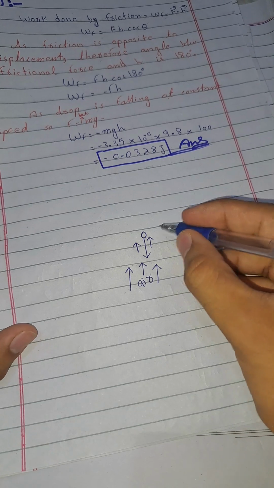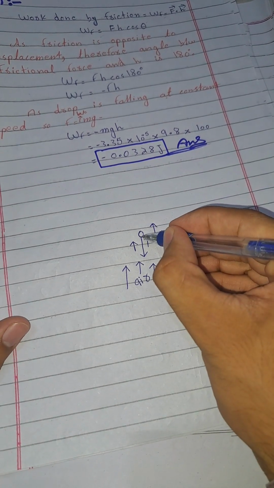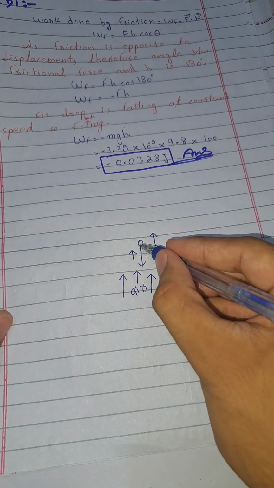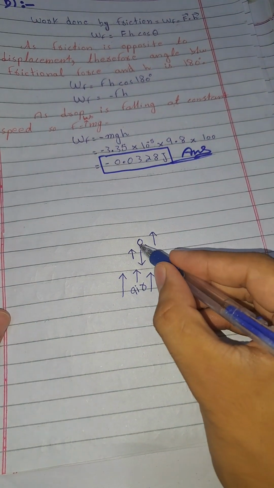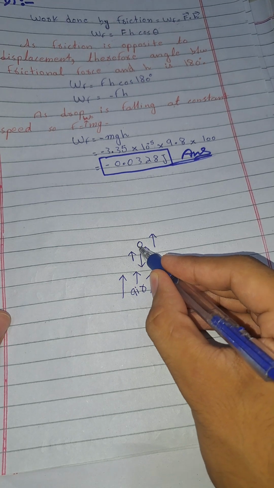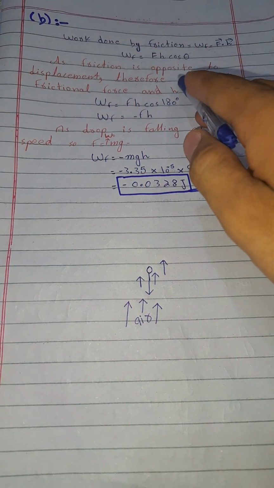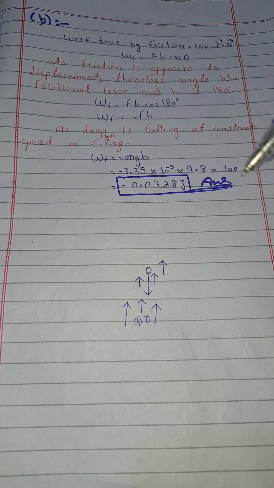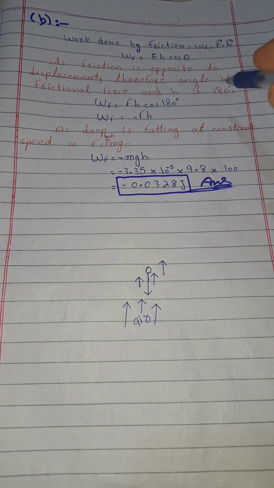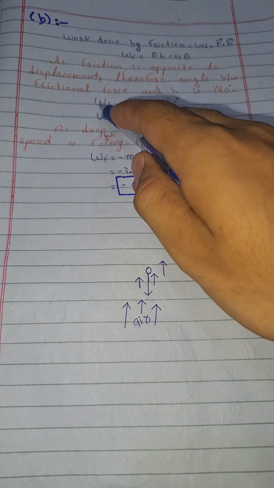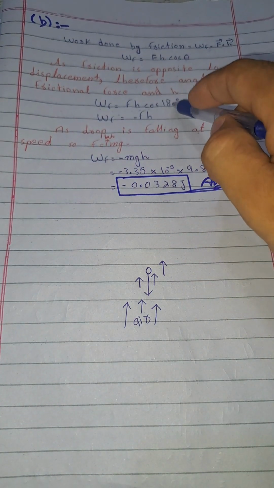So the direction of friction is upward, and the drop is falling downward, so the direction of displacement is downward. Both are opposite. That's why when the directions of two forces are opposite, the angle between them is 180. So work is equal to FH cos 180.